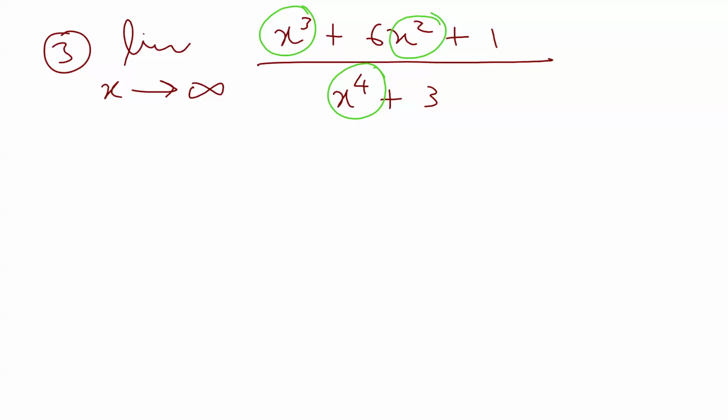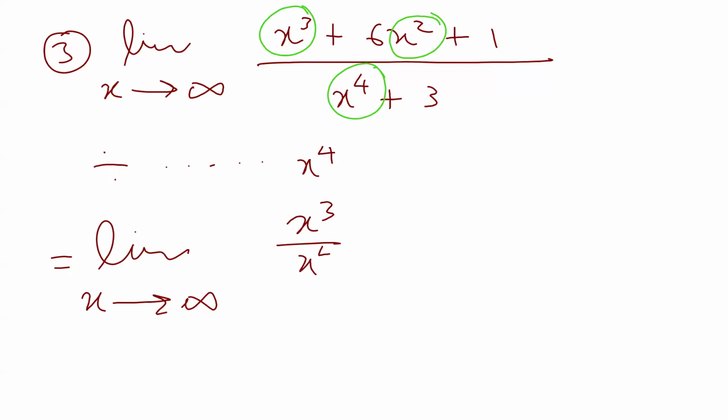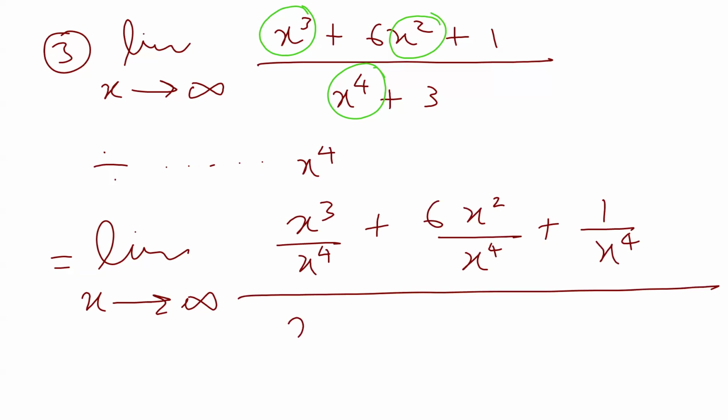So divide throughout by x raised to 4. So this will be equal to limit x approaching towards infinity, x cube upon x raised to 4, 6x square upon x raised to 4, 1 upon x raised to 4, upon x raised to 4 upon x raised to 4, 3 upon x raised to 4.